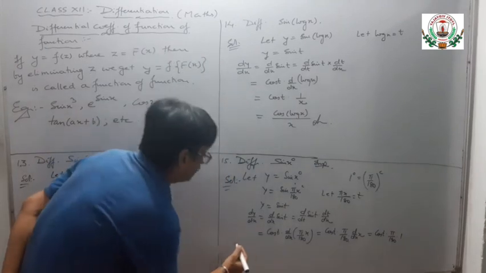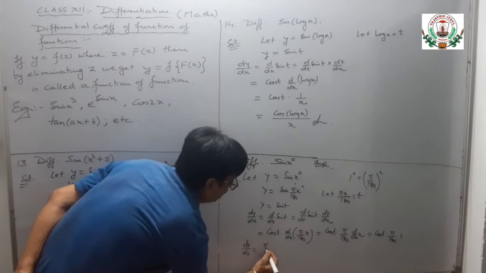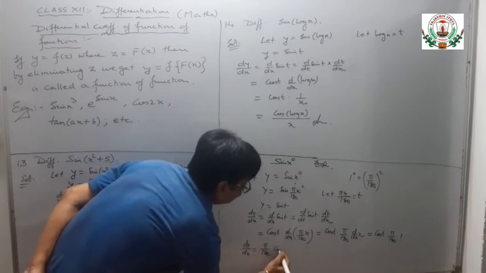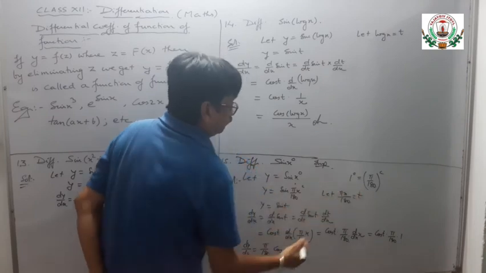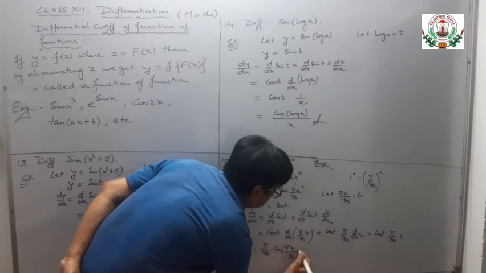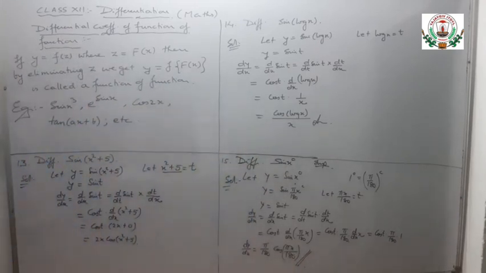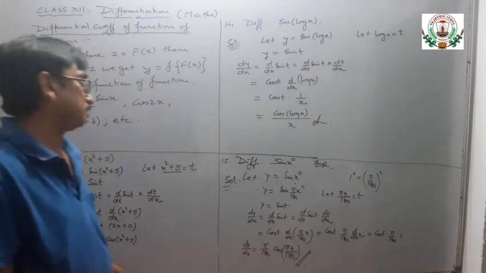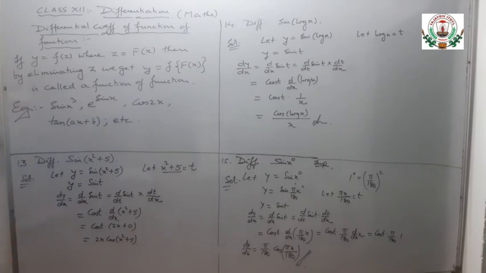So at last our final answer will be dy by dx is equal to pi by 180 cos t, and t is pi x upon 180. So I have to write down here pi x by 180. So this is our final answer: dy by dx of sine x degree is equal to pi by 180 cos pi x by 180.